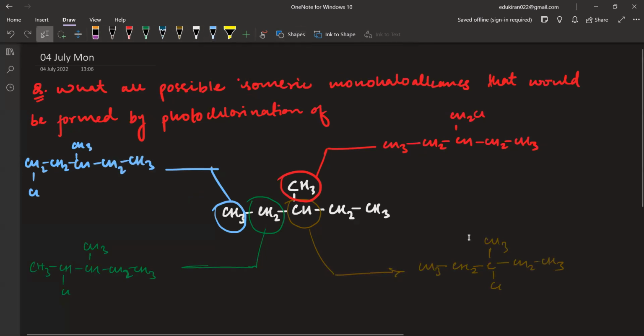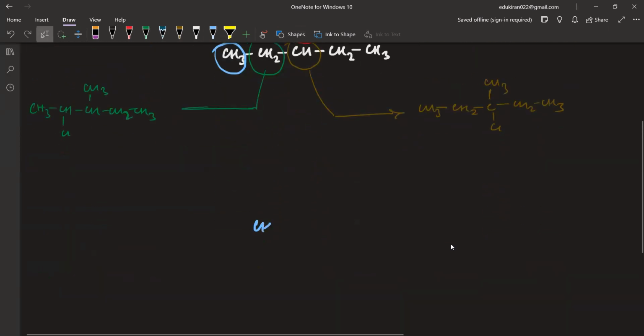Okay. Just keep in mind, if you have something like this, with CH3, CH3, CH3, and CH3, how many products would be formed? Look at the structure and tell me.